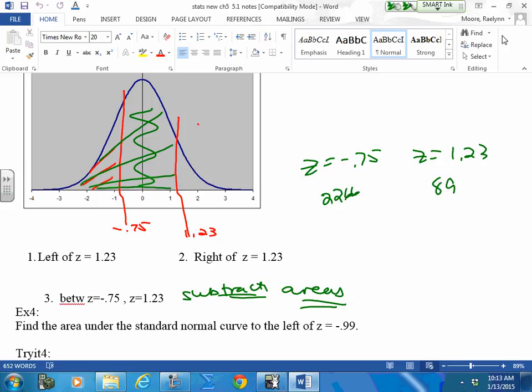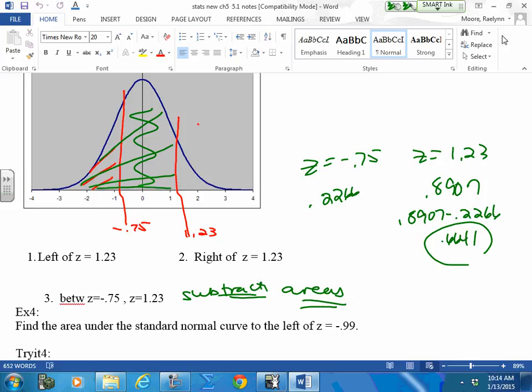And we found this one already. Now, all you got to do is subtract your areas, not your z-scores. Just your areas. And that gives you the in-betweens. Thank you. Okay?